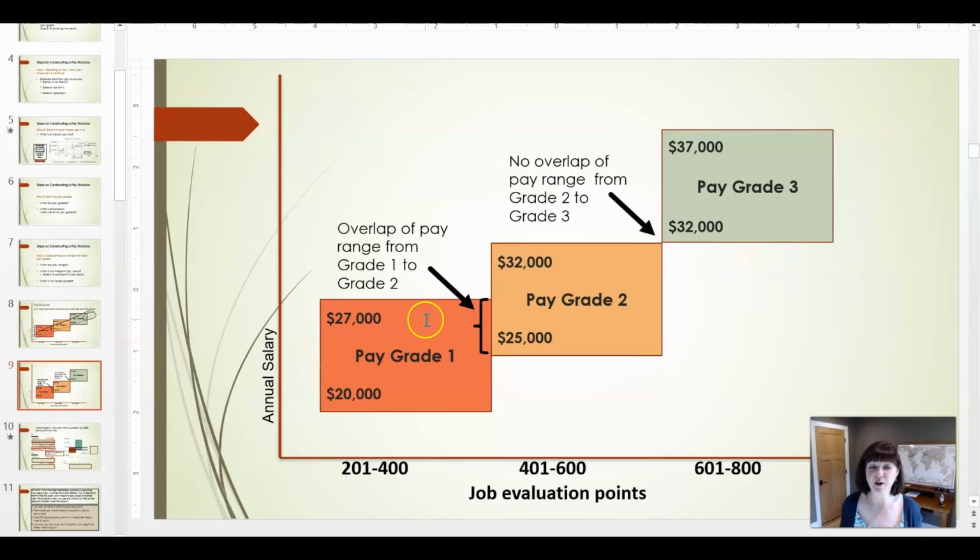So if you're here and you're going to promote somebody, you can easily keep them in a reasonable promotion of salary as well as a rank. Whereas if it's like this, it makes it a lot more difficult. So most of the time, those pay grades will have an overlap in the pay range. Okay.